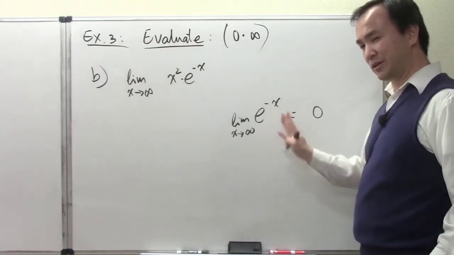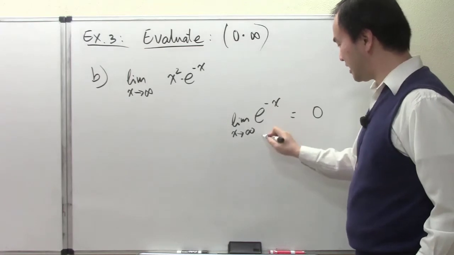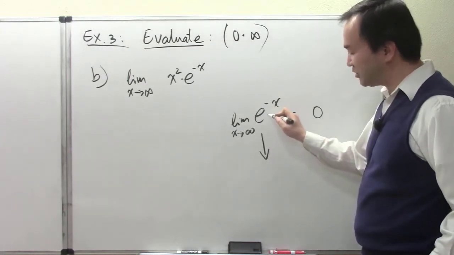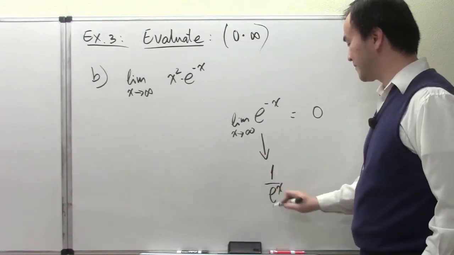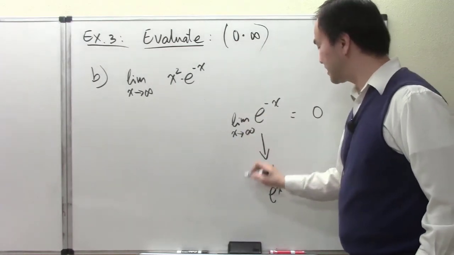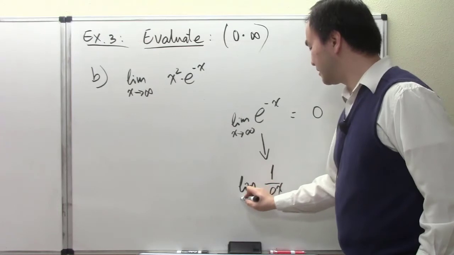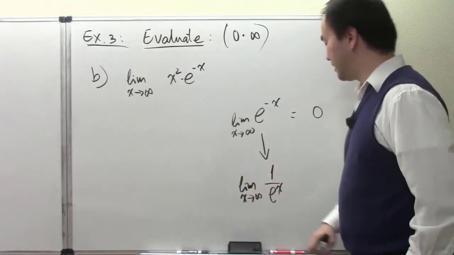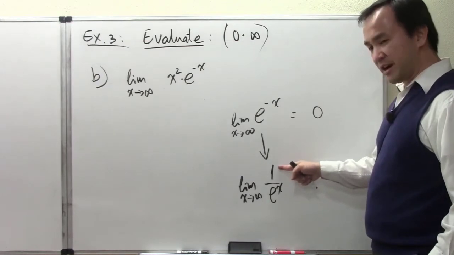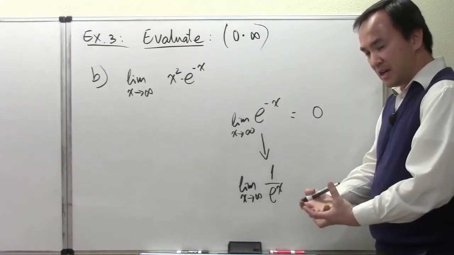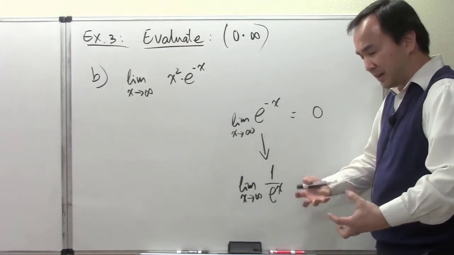Just a quick little scratch work: e to the minus x itself is 1 over e to the x. So taking this limit is the same as taking the limit as x goes to infinity of 1 over e to the x. In the numerator it's a constant, and my denominator keeps growing bigger and bigger.